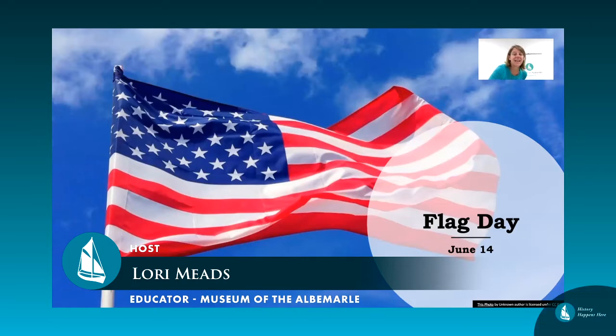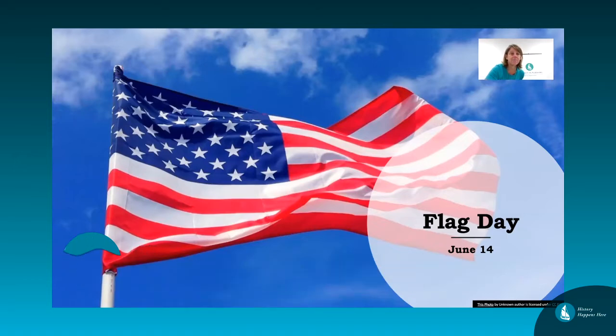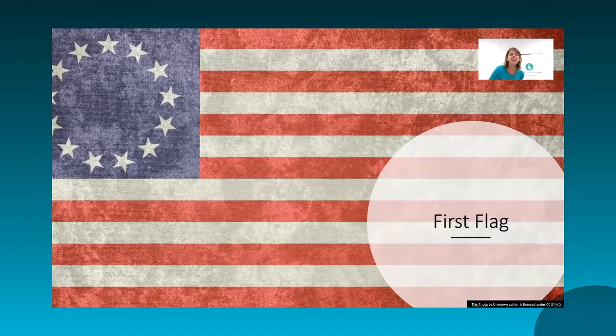Also, again, Flag Day is celebrated each year on June the 14th. So this is our very first flag. If you look at it, it looks like the flag that we see today. However, we have many more stars now, but everything else basically remains the same.